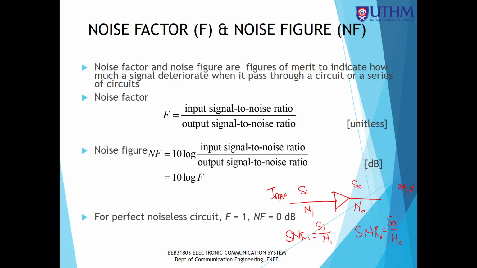Okay, so kita ada dua jenis SNR, at the input and also at the output. So the noise factor is SNR input divided by SNR output. And the noise figure is the decibel value of noise factor.